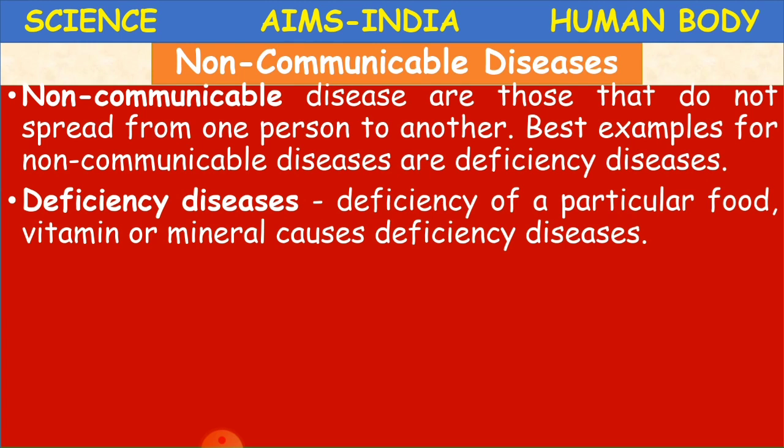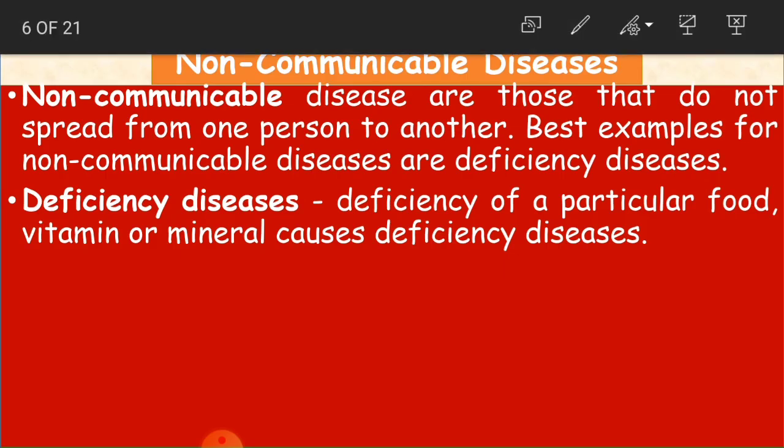In the sense, in our body, if there is a deficiency of a particular food component or a vitamin or mineral, then we may be attacked with some diseases because of the deficiency. So that is why we call it a deficiency disease.